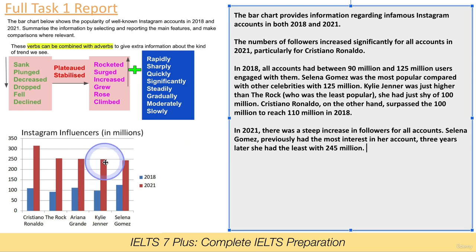Okay, Kylie Jenner, Ariana Grande, and The Rock are all within this 250. They don't waver too much. I would say, in fact, they're all quite similar. So let's talk about that.